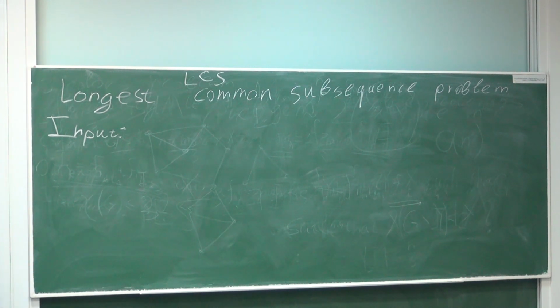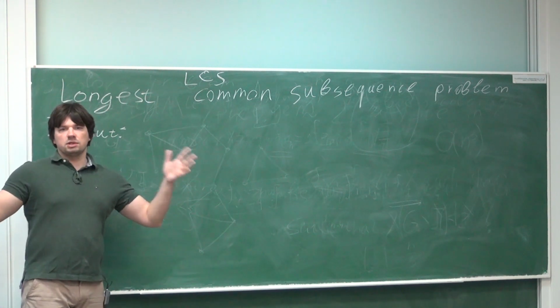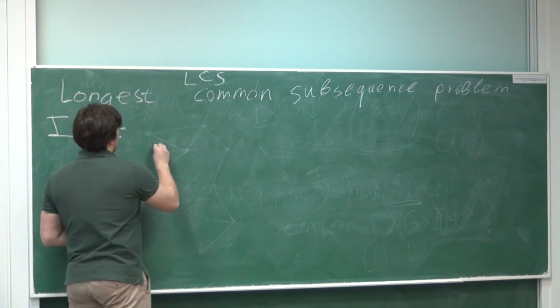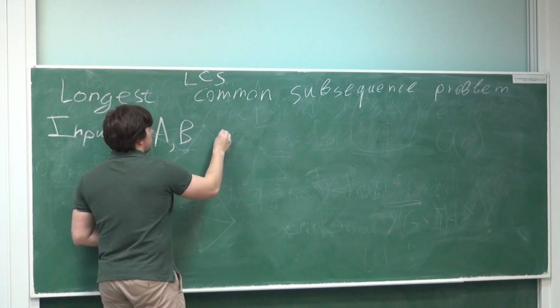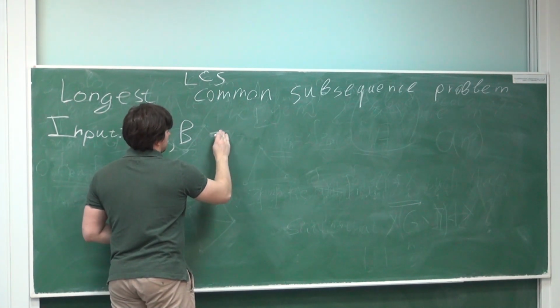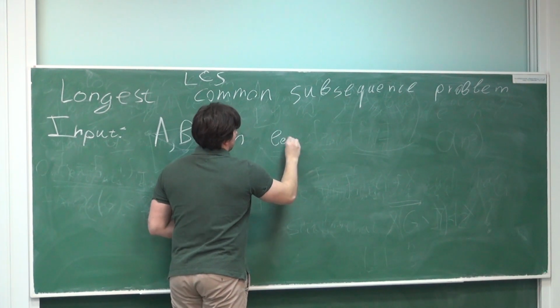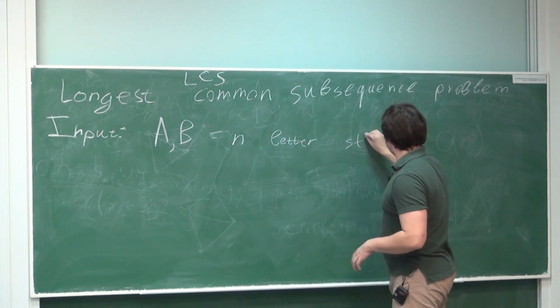Let's say letters, so you have two sequences of letters or strings, and so you have your A and B, both n letter strings.